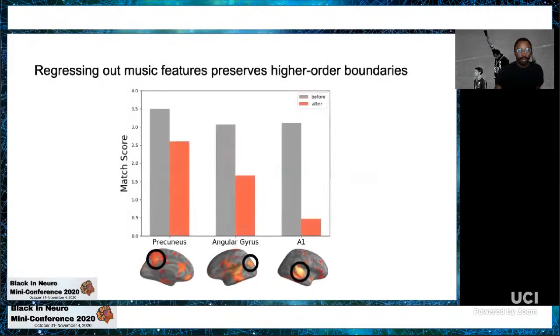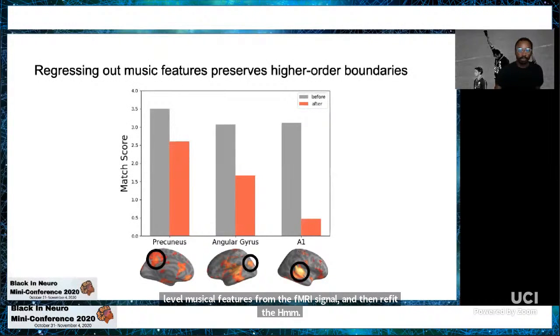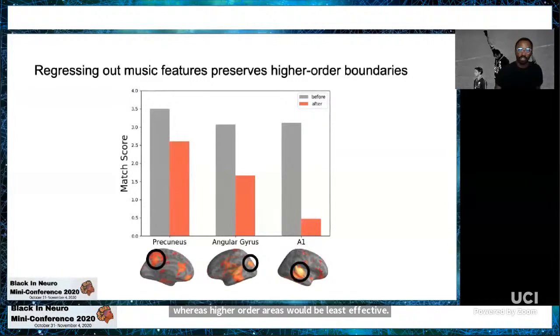In the plot above, starting on the far right, matches between the HMM and the human annotations get worse in auditory cortex after the feature removal, while precuneus and angular gyrus are less affected by this. Furthermore, precuneus is most resilient to this feature removal and practically maintains its event structure relative to the other ROIs.